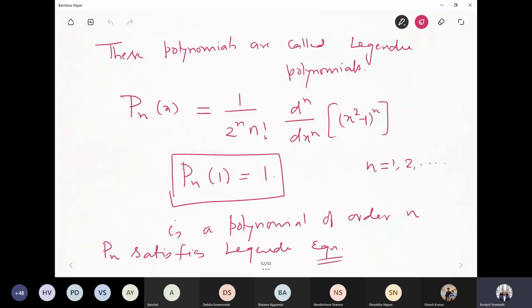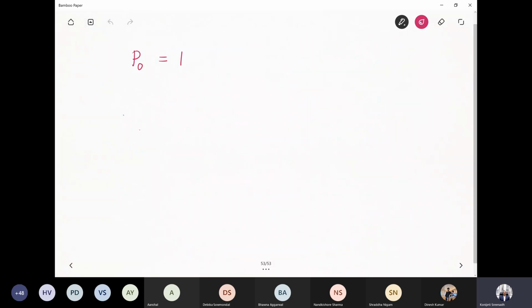Is that clear? At least that part is clear. This comes when we take p equals 0. You see that from the recurrence relations, right? Yes, sir. So when I take p equals 0, I get p naught equals 1. So this is a solution.